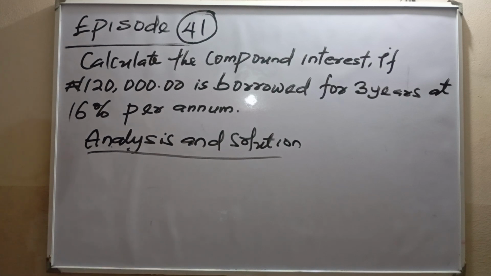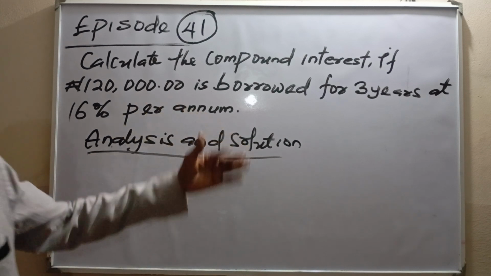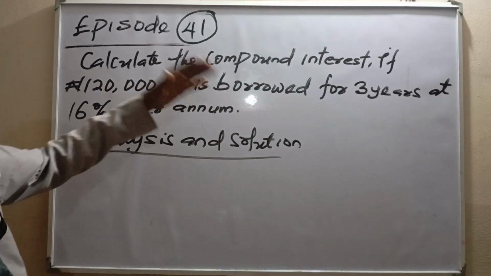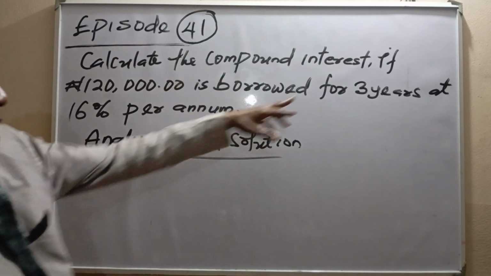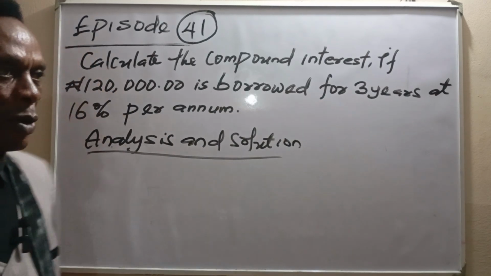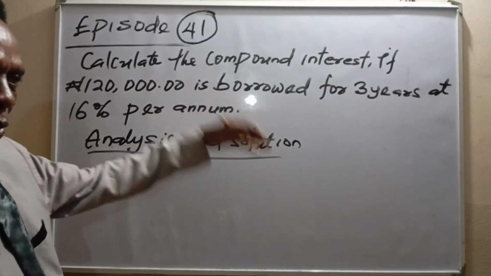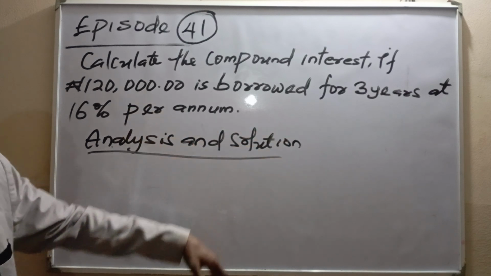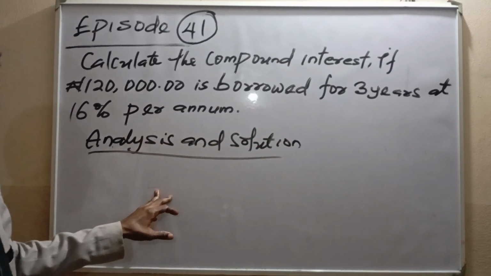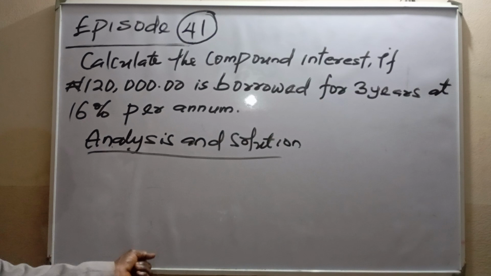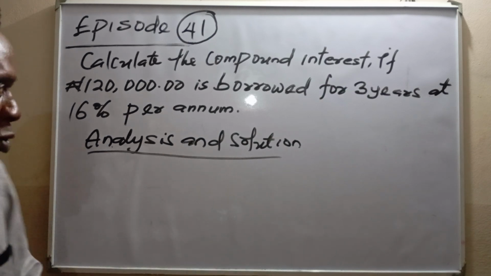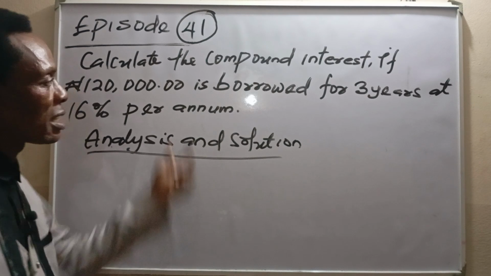But if it's a theory question, you need to resolve it year by year: first year, second year, third year. You calculate the simple interest for the first year and add it to the principal to give you the amount of that first year, which becomes the principal for the second year. But we are not going to do it that way because it's an objective question.